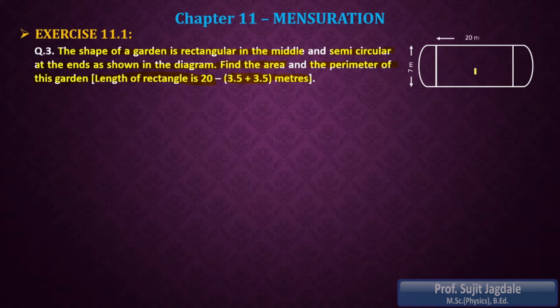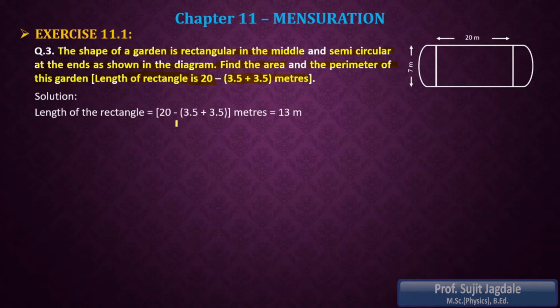Then the length is provided, 20 meters. The length of that rectangle is provided like this: 20 minus 3.5 plus 3.5. That means this whole length is 20 meters, and from that we have to subtract 3.5 and 3.5, so 13 will be the length of that rectangle.